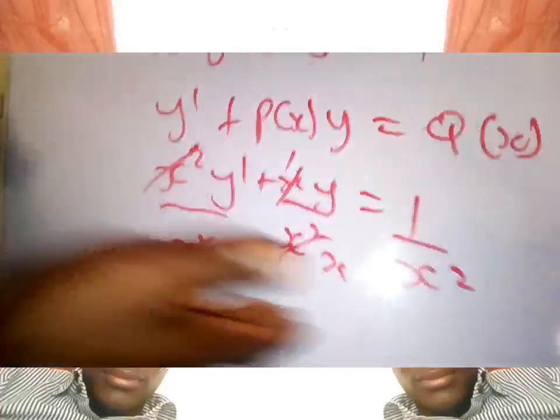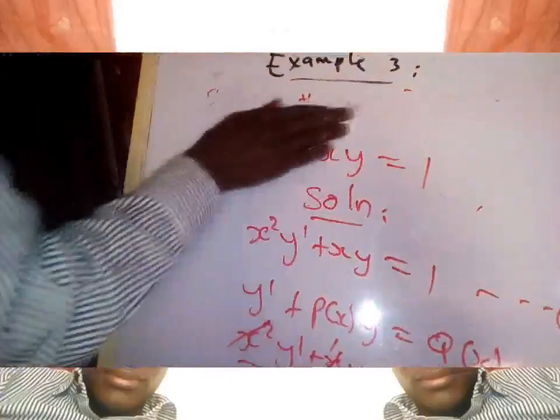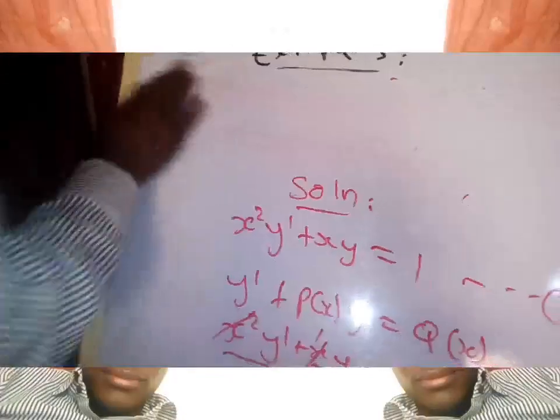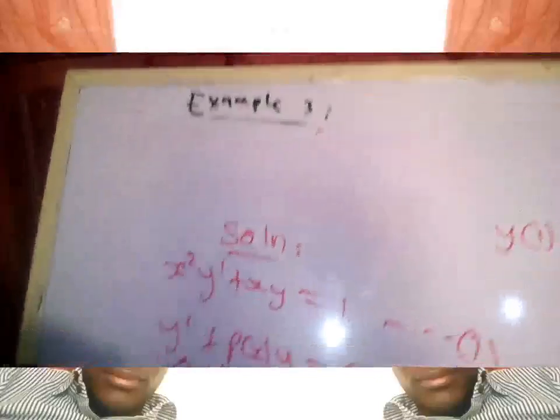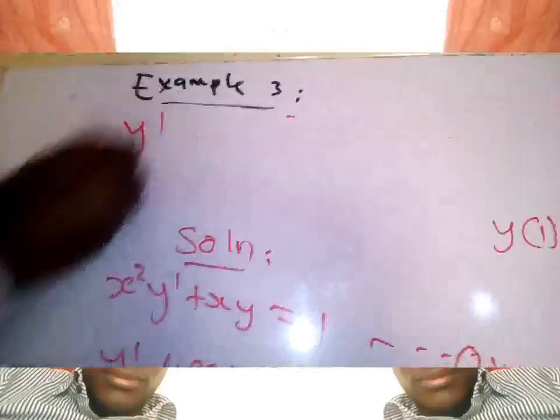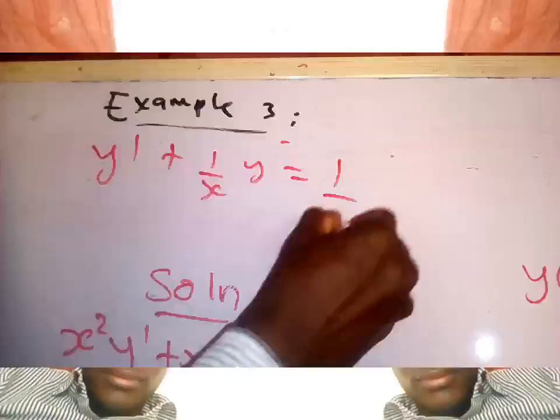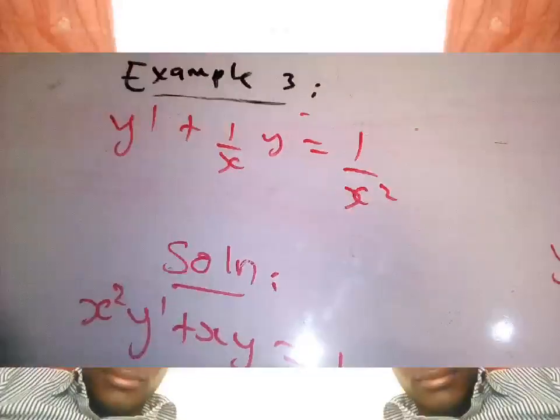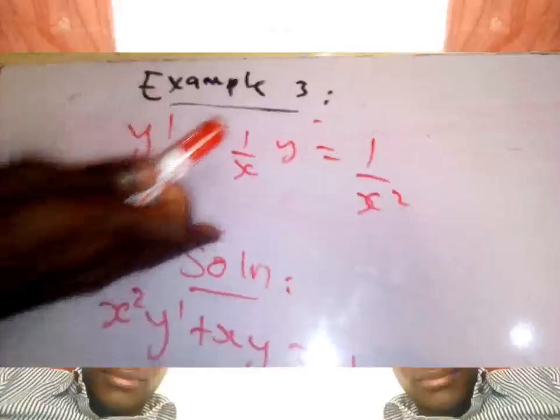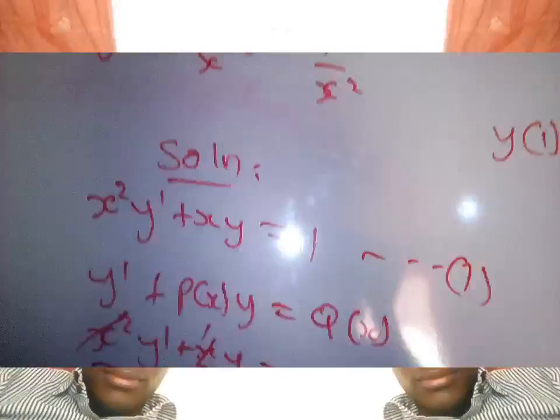So this equation becomes y prime plus 1 over x y is equal to 1 over x squared. This is our new equation.